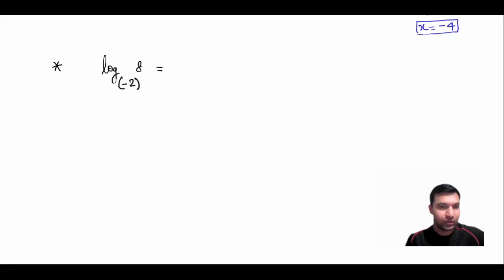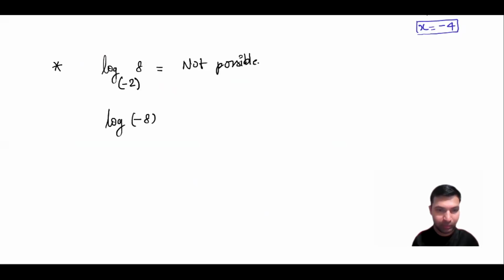Do we have any solution here? Negative 2 to any power will give you 8? No, that's not possible. But if I take negative 8 to the base negative 2, here it is defined. The answer is 3. Negative 2 to the power 3 is negative 8. So here it is valid.